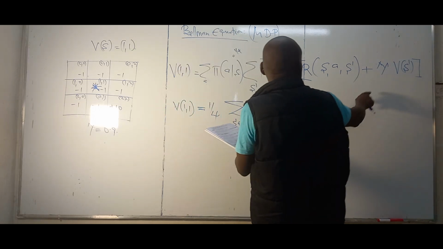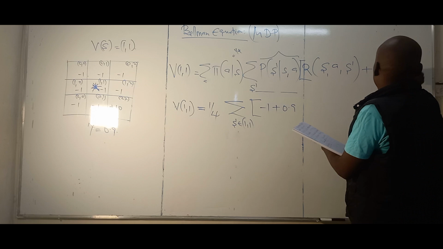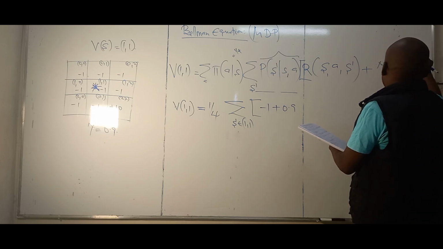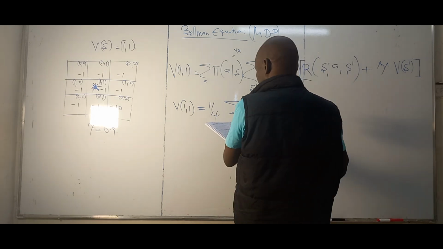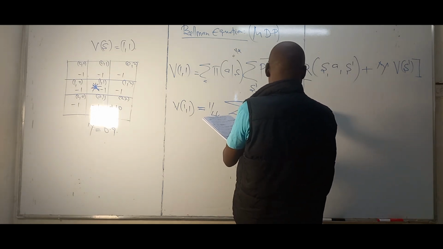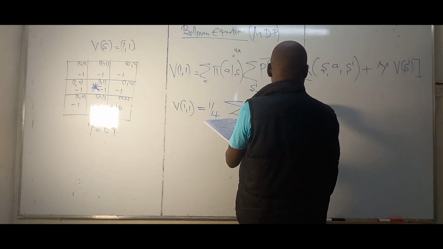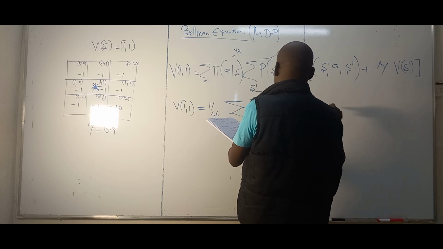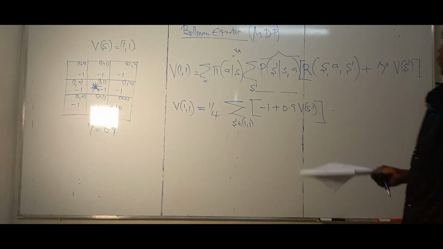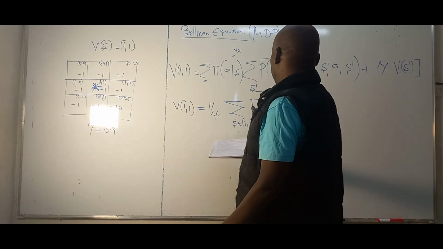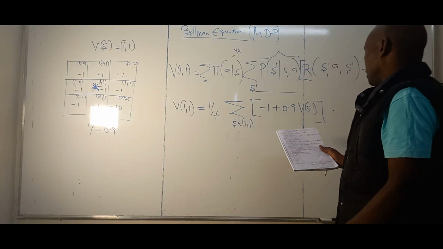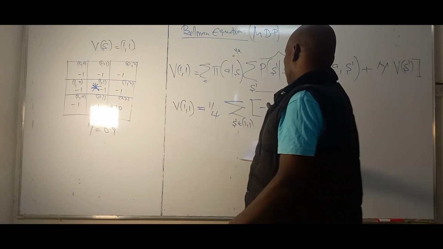Then what the value should be when we get to that next step. So I'll just write it as that for now. So this is what our Bellman equation has reduced to.